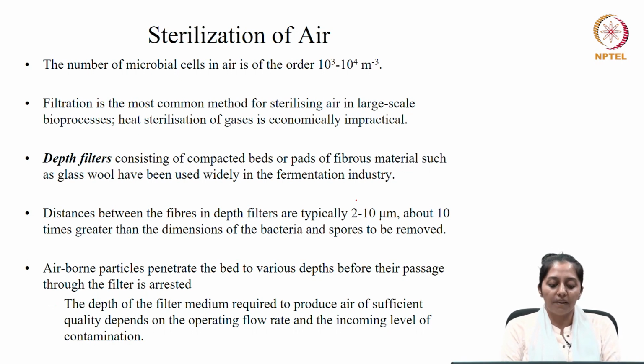Airborne particles penetrate the bed to various depths before their passage through the filter is arrested. The depth of the filter medium required to produce air of sufficient quality would depend on the operating flow rate and the incoming level of the contaminants.